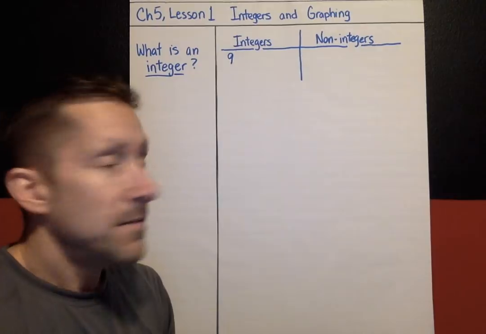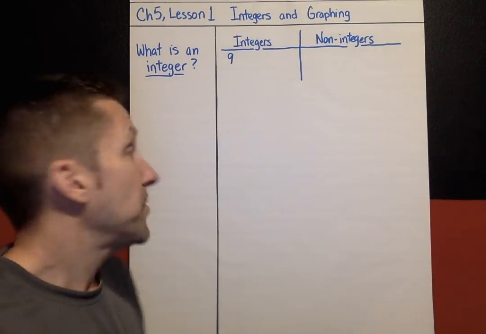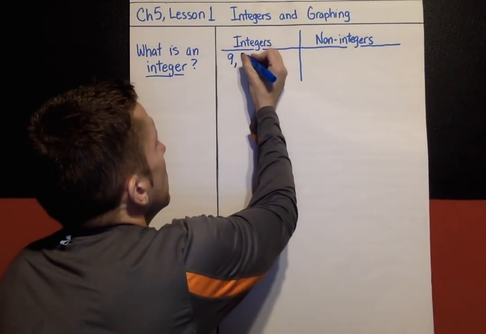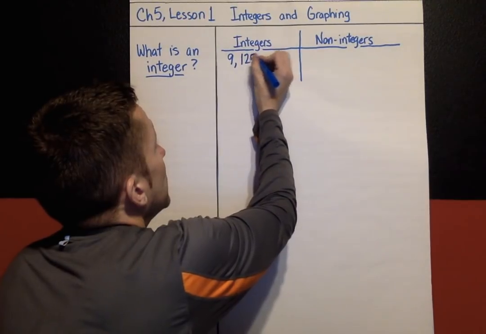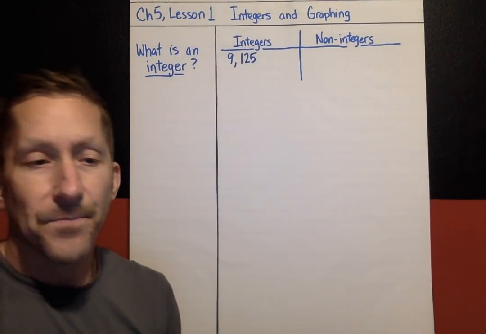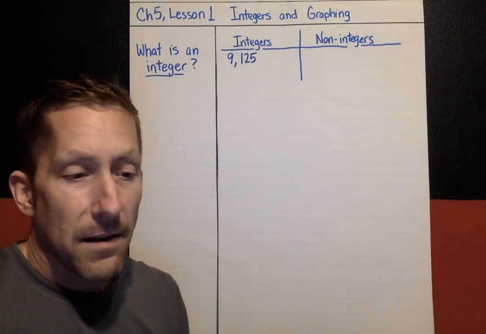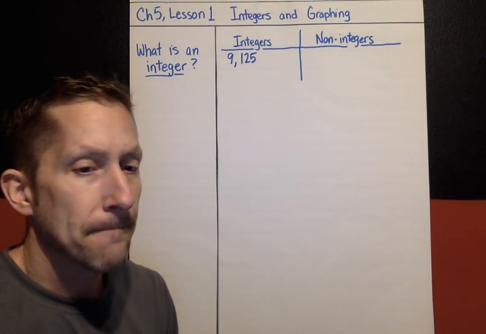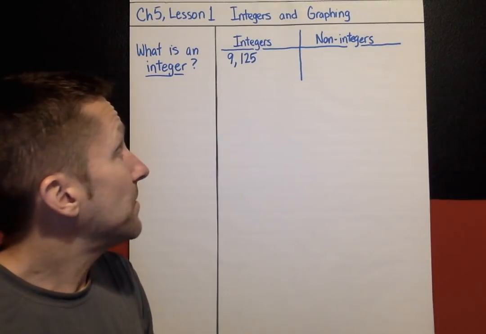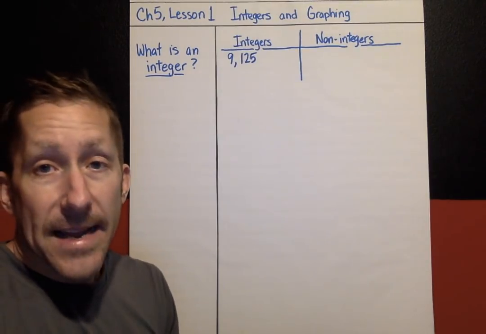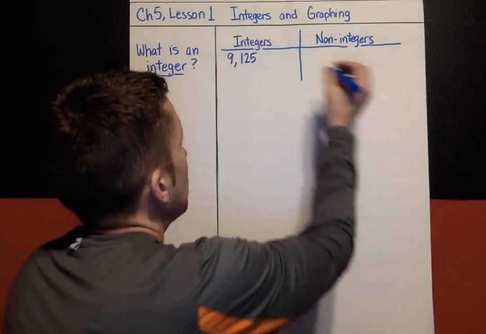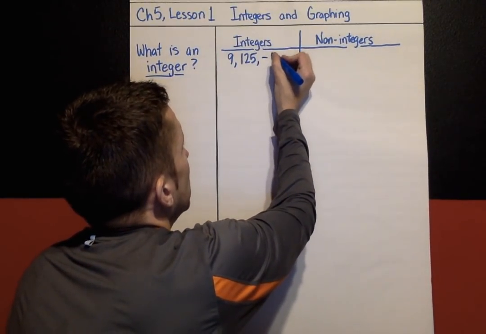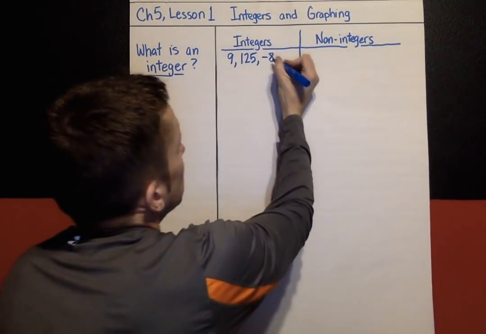Chris, give me a number. 125. That is an example of an integer. Emma, give me a number. -8. -8 is an example of an integer. Good guess.